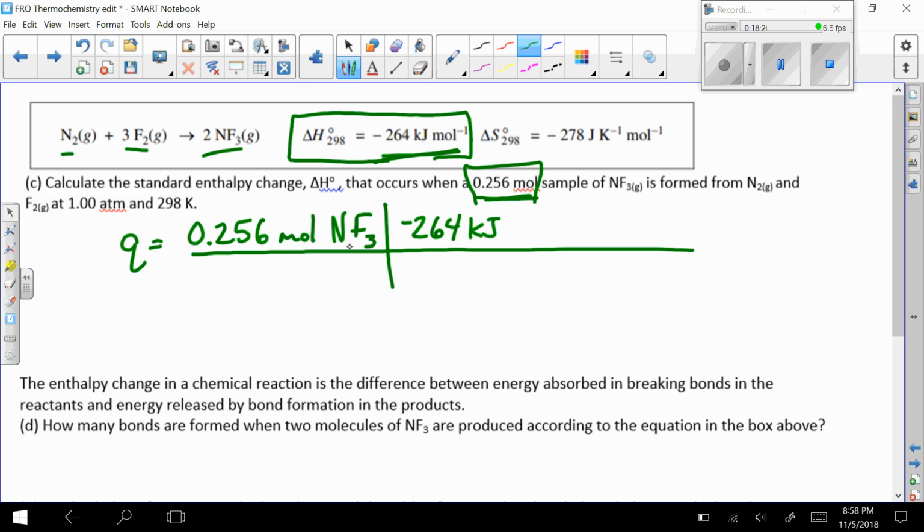Since we're talking about the nitrogen trifluoride, we know that when that's released, 2 moles of this are formed. When we multiply those, we get 33.8 kilojoules of energy released. And so that is the enthalpy change.